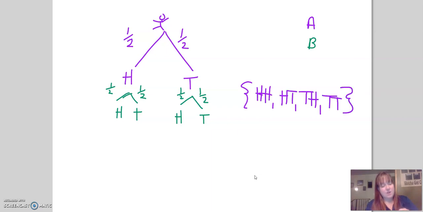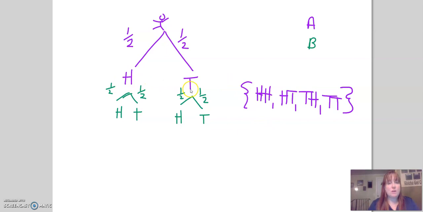Those are my 4 different options in the sample space. And what I'm trying to do is find the probability of getting heads and heads. Well, that would be only this one right here.